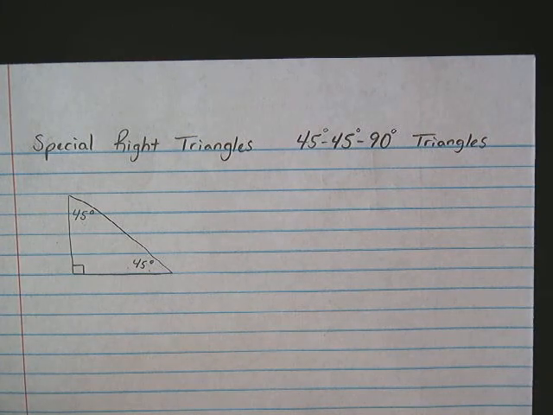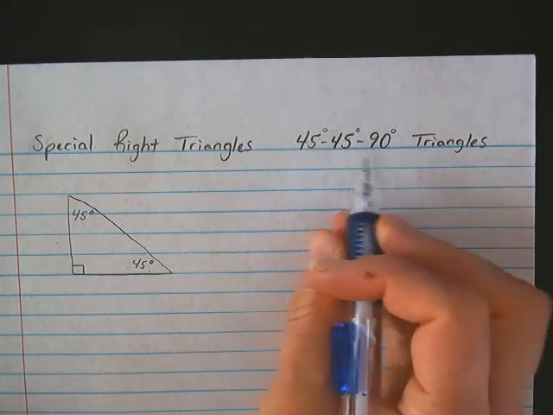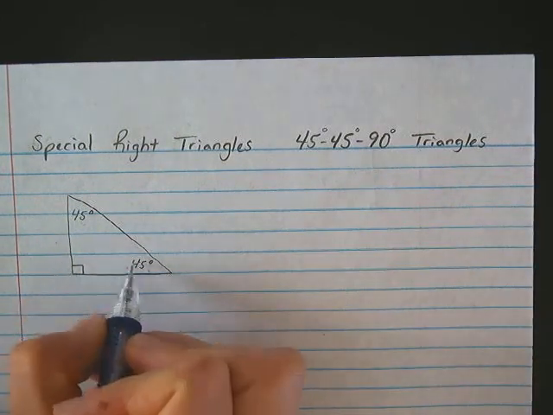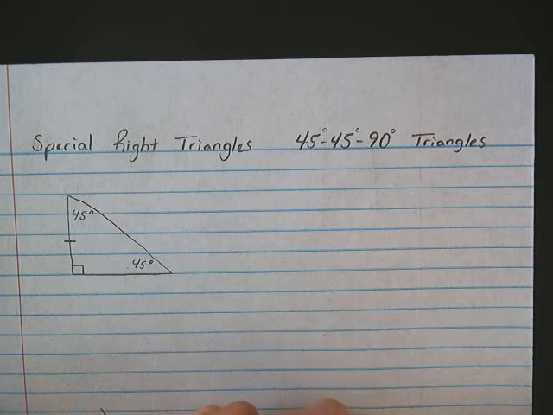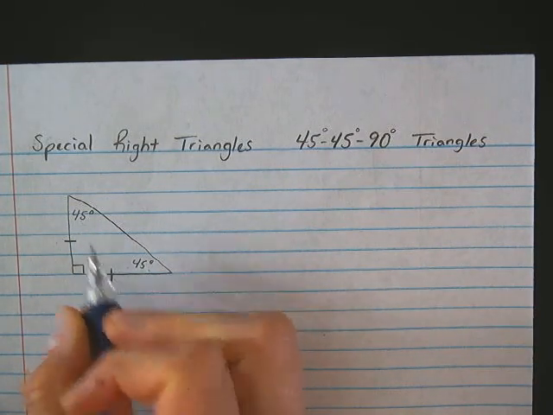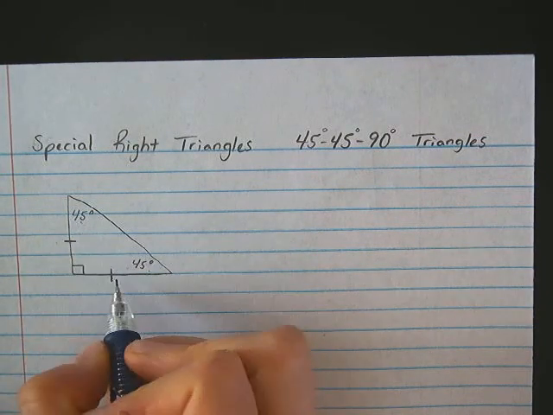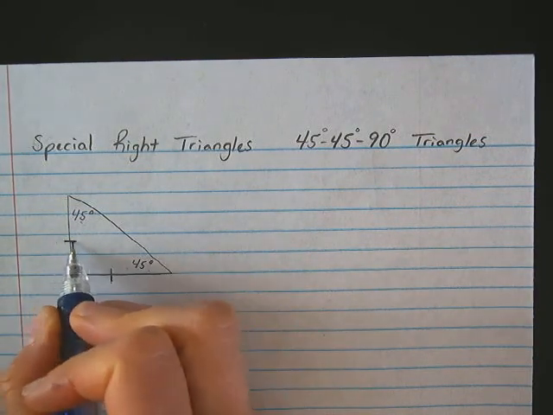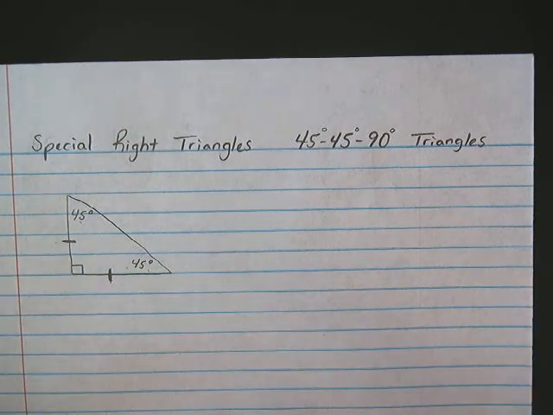So the first property that you have to know about a 45-45-90 is that this side that's opposite of that 45-degree angle, and the side that's opposite of that 45-degree angle will be the same. And so to show that they're the same, we actually put these little, I call them tick marks, to show that they will actually have the same length.